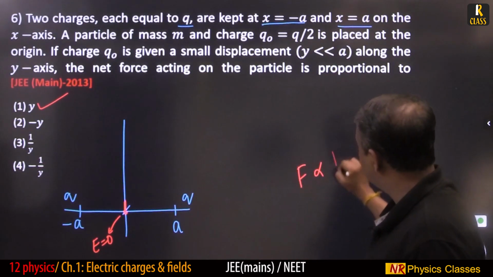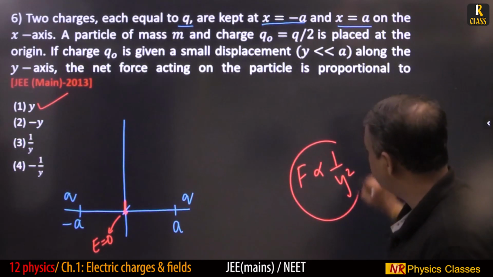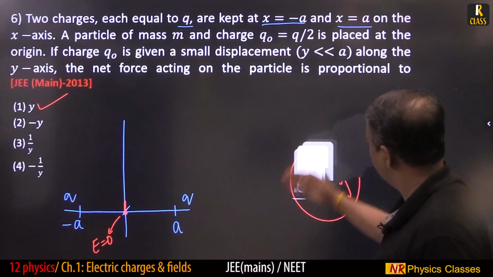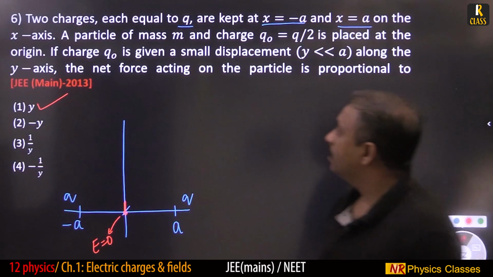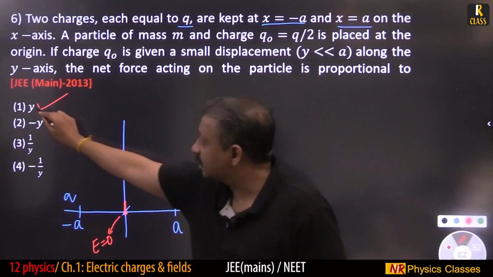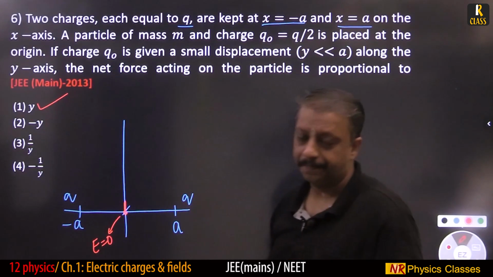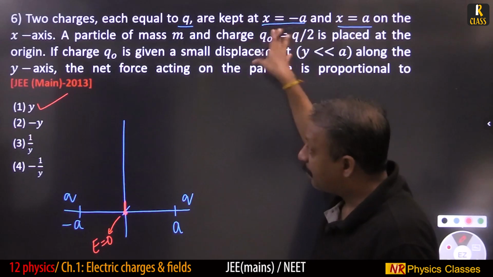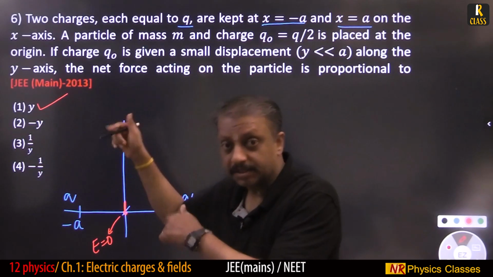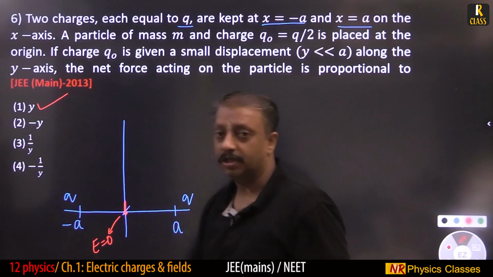Force is inversely proportional to the square of the distance, right? So this is the inverse square law. This is different. Whatever may be the magnitudes, in this case, force is directly proportional to displacement. Of course, by changing other parameters, we can get other answers. But in this case, it is proportional to y.